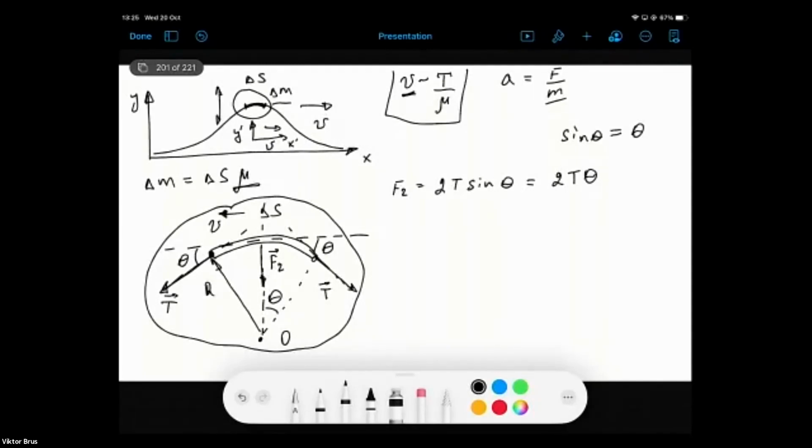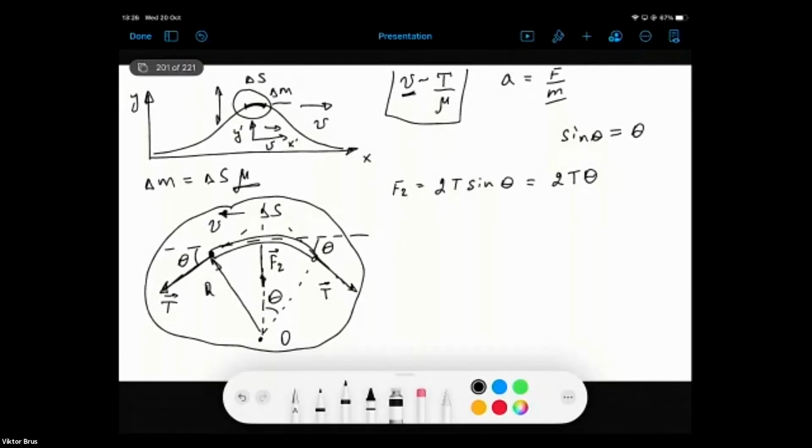Now, since there is some circular shape here, we could consider for this small element that the force which counterbalances this net radial force originated from tension will be the centrifugal force.